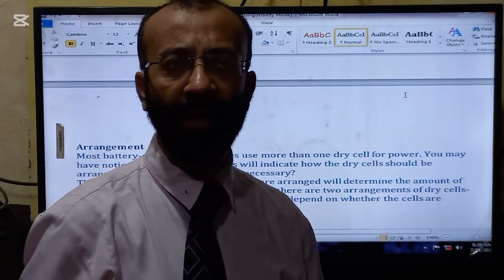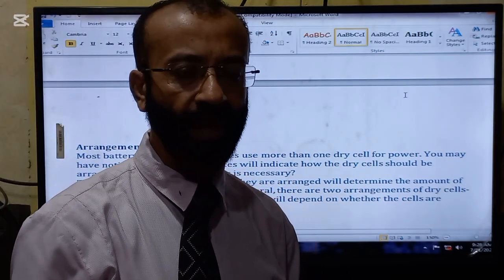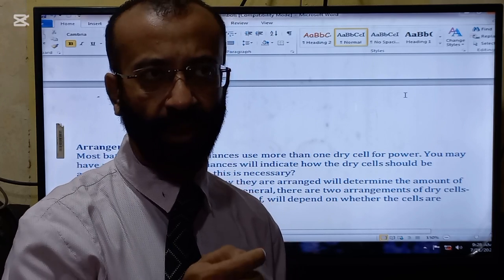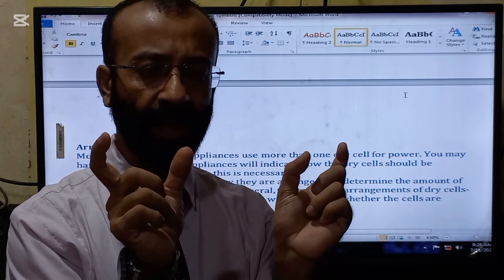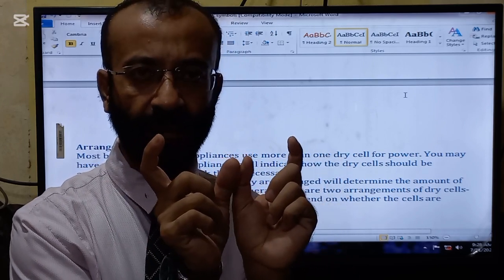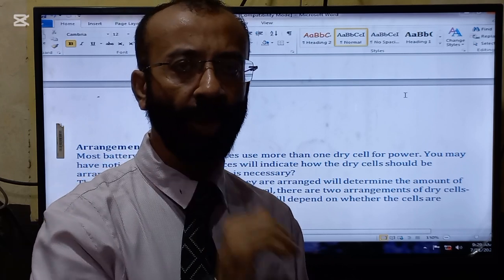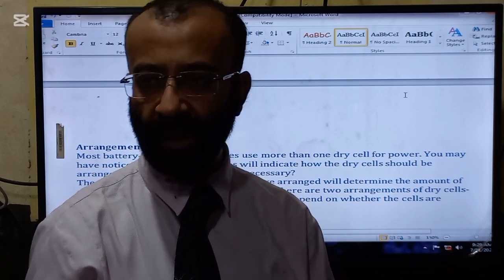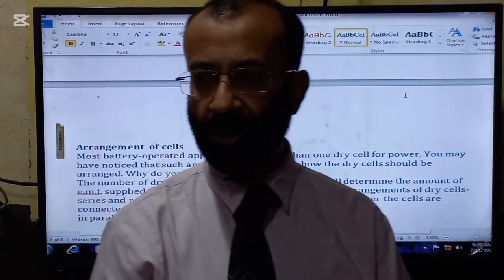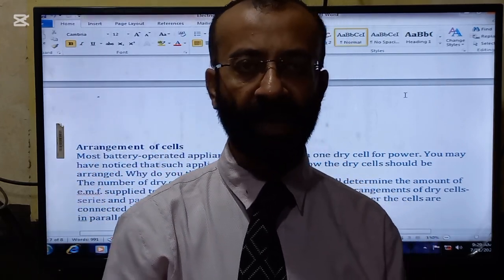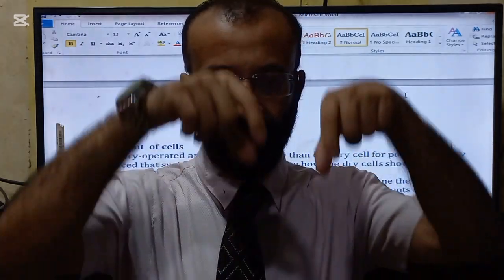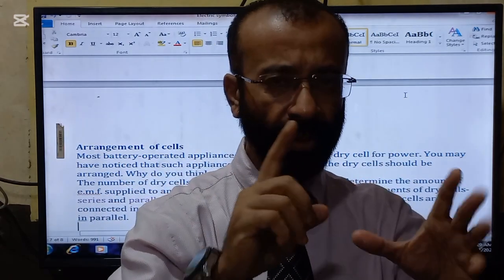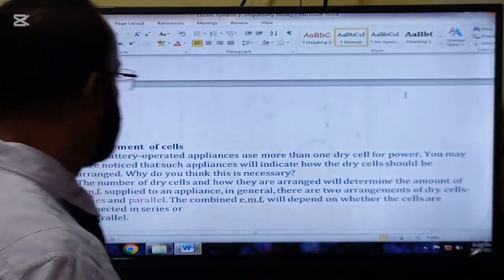For example, when you use cells in your torch, these cells are arranged in series. But normally when you use cells in your sports cars that are actually used by the kids in our houses, these cells are arranged in parallel. So why are these arrangements?